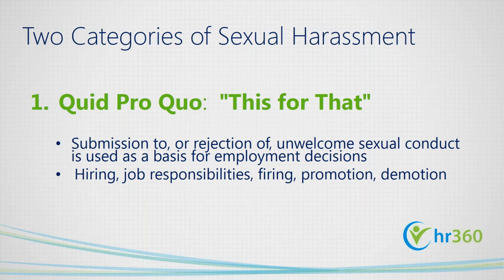So I think you get the idea that it's all aspects of the employee life cycle, if you will. And so it's something that you have to be very, very wary of. It cannot impact or affect any of these areas. And if there is sexual misconduct going on and it affects any of these areas, you know you're in quid pro quo, and it is absolutely, absolutely not allowed.